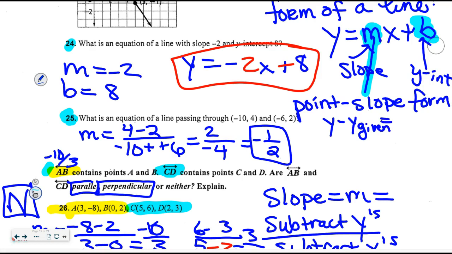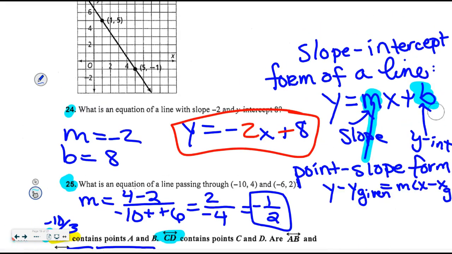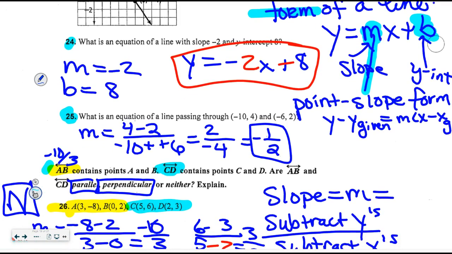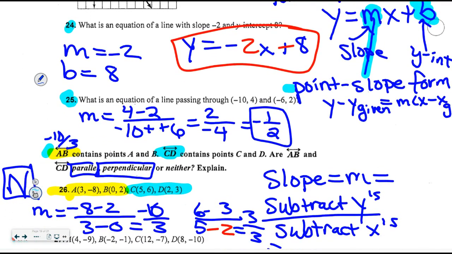Your teacher would have said y2 minus y1, but I like this better because you know which one to put where. Is equal to the slope times x minus the x you were given. I'm just going to write give because I can't quite get it on your note card. So we've got two forms of a line. We've got slope intercept form, which we just used. You have the M and the B. And we have point slope form, which we're going to do right now on number 25, and then I think I will get 21 and 22 in.